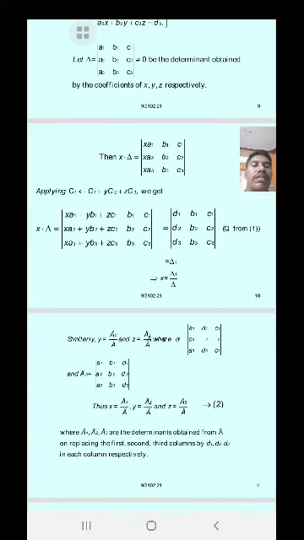That equals d1, d2, d3 in the first column, and the second column b1, b2, b3, c1, c2, c3 from equation 1, and that equals delta 1. Then x equals delta 1 by delta.